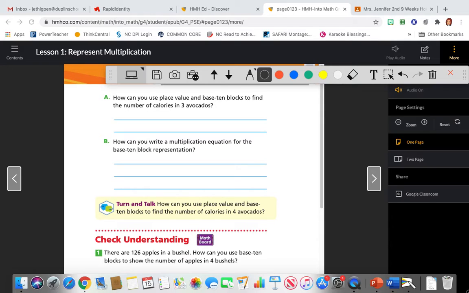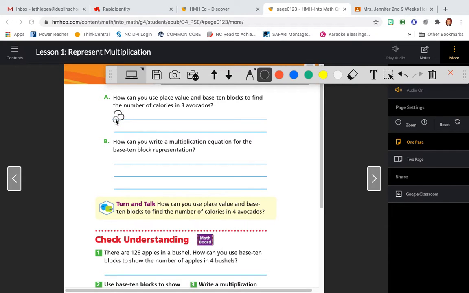So you could say that you have 3 groups of, we made 2 hundreds, 3 tens, and 4 ones. So we had 3 groups of 2 hundreds, 3 tens, and 4 ones.